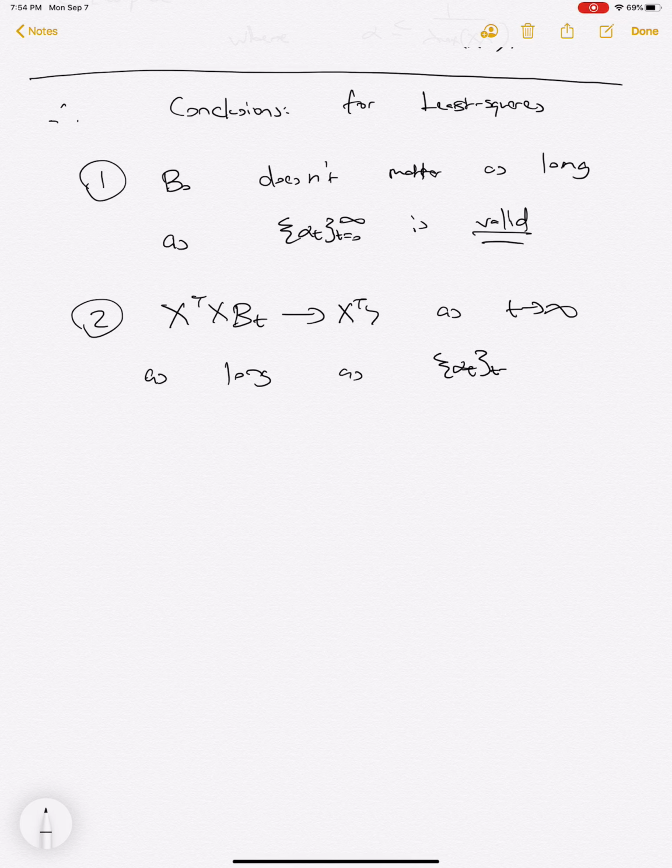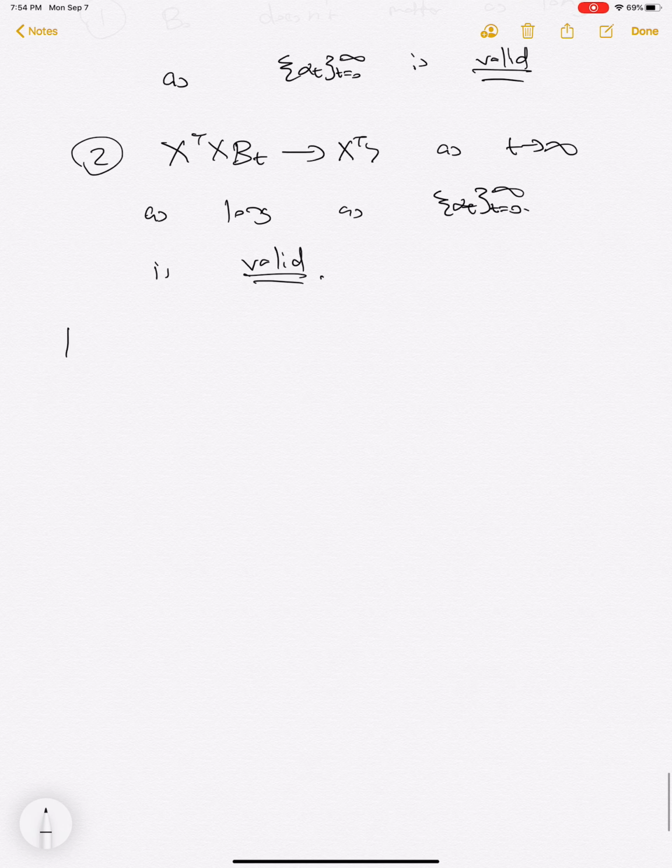So we get convergence as long as your sequences are valid.